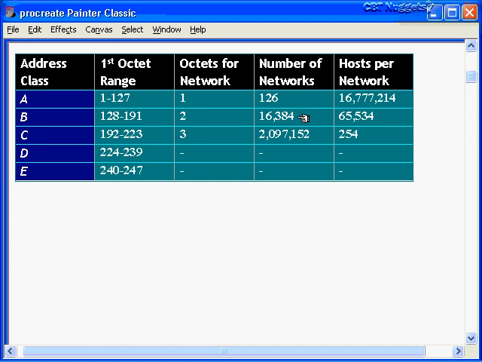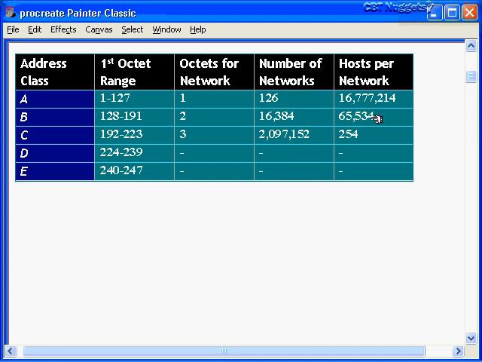So there's over 16,000 possible Class B addresses out there. Each one of these 16,384 networks can have a possible 65,534 hosts. This number of hosts comes from the number of bits left over for the host, which is a 16-bit number.